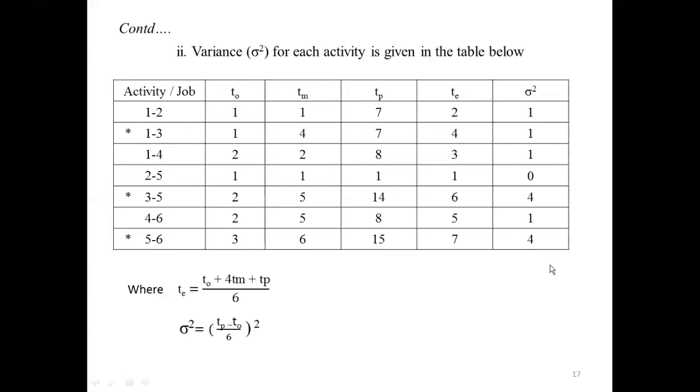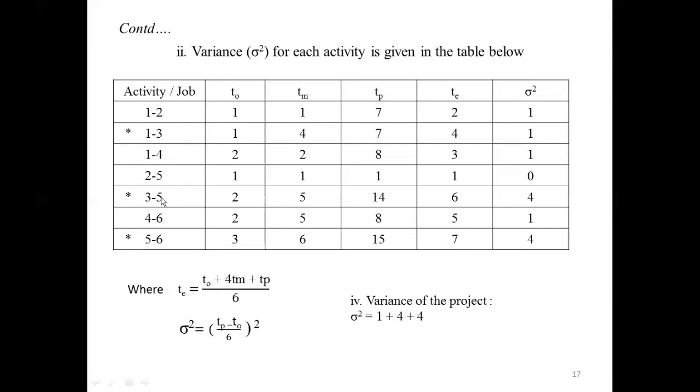Then next, you need to calculate the variance of the project. As per the question, you need to calculate the variance of the project. Variance of the project is given by sigma square equals the sum for the critical activities. The critical activities are 1 3, 3 5 and 5 6, which I indicated with a star mark. Corresponding to activity 1 3, the sigma square value is 1. Here you write 1.